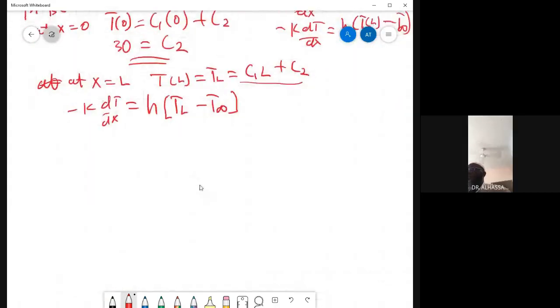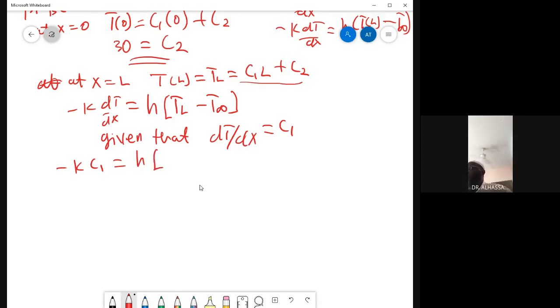Given that dT over dx equals to C1, then we substitute into this. So minus K C1 equals to H into bracket, then I'll have TL.